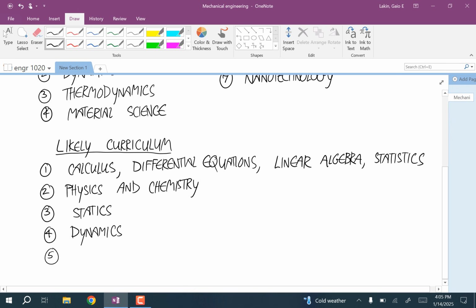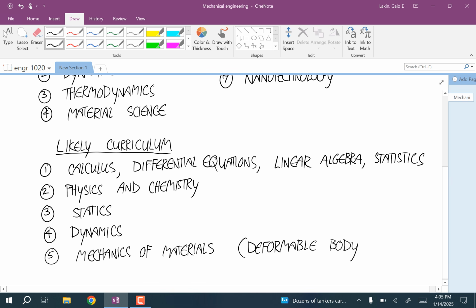And then fifth, most universities call this mechanics of materials. At Normandale, we call it deformable body mechanics, and we call it that because that's what the U calls it. But you should know that these are the same thing.